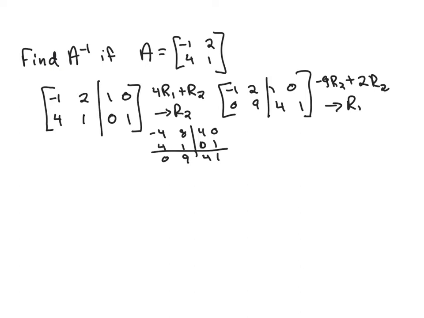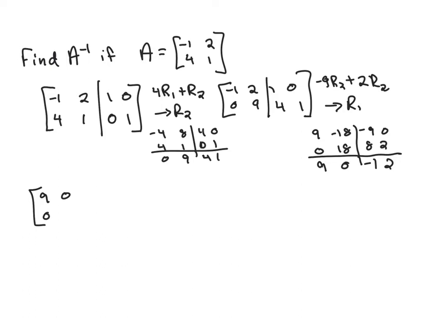So busy work here. -9 row 1s gives me 9, -18, -9, and a 0. Double row 2 gives me 0, 18, 8, and 2. Combine, I get 9, 0, -1, and 2. That's my new row 1. 9, 0, 0, 9, augmented with -1, 2, and row 2 was 4 and 1.